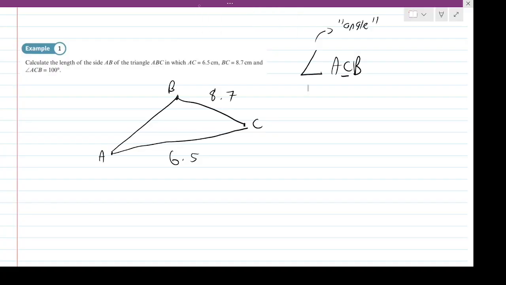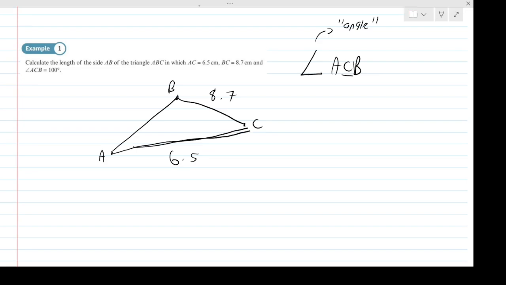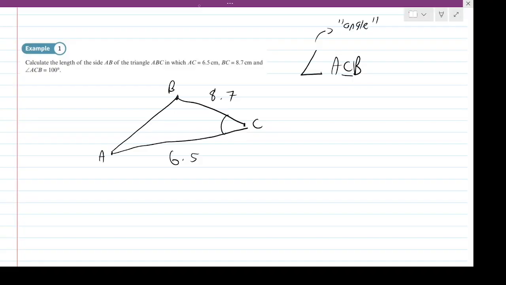We go in alphabetical order, so A, B, C, but obviously C is in the middle, because the middle letter in an angle is where the angle's at. So that means C is in the middle, so it goes from A here to C to B. So the angle is going to be there at C, okay?